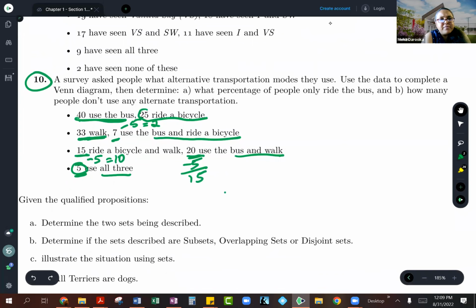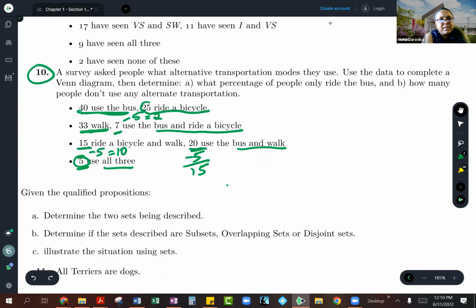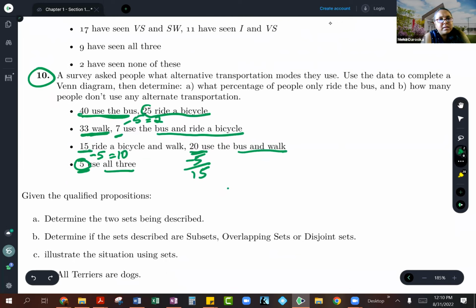So we had 5 who use all 3, 15 who use bike and walk, 20 who do the bus and walk, 7 who did the bike and the bus, 33 walk, 40 use the bus, 25 ride a bike.